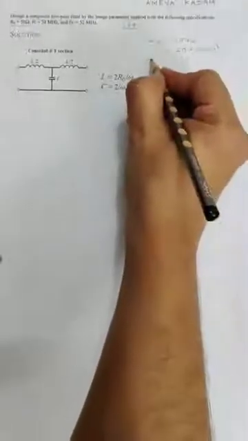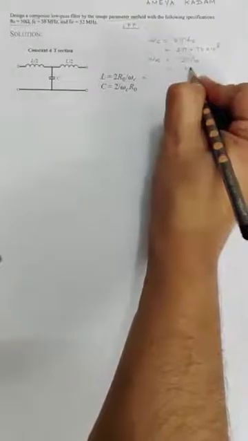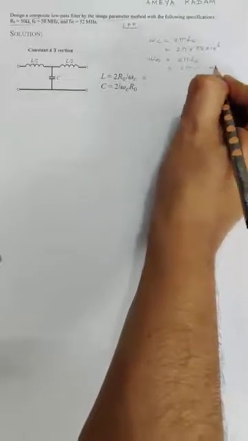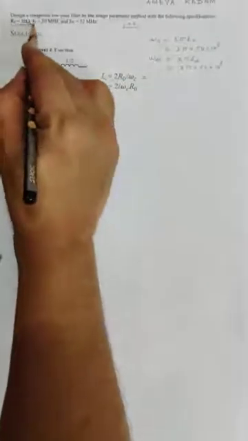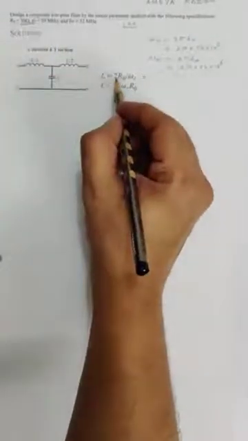So omega C is 2 pi FC, which is 2 into pi into 50 into 10 to the power 6, while omega infinity is 2 pi F infinity, which is 2 into pi into 52 into 10 to the power 6, and R0 they have mentioned is 50 ohm. So we'll substitute.